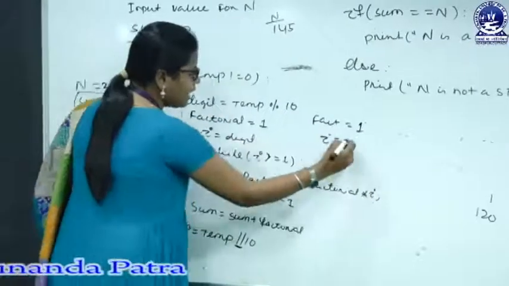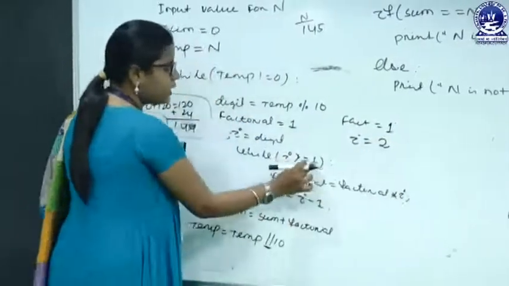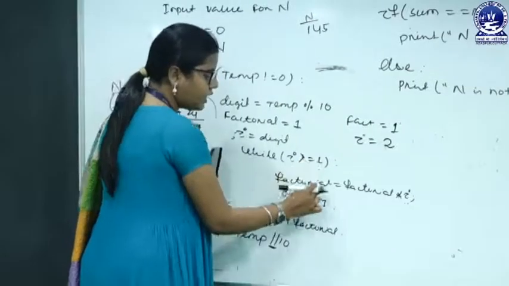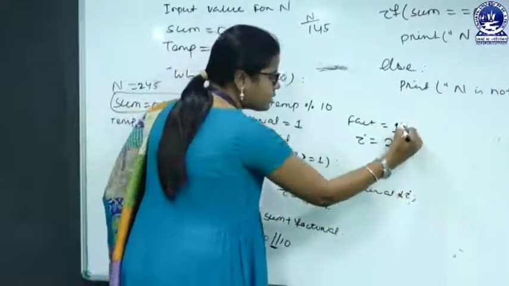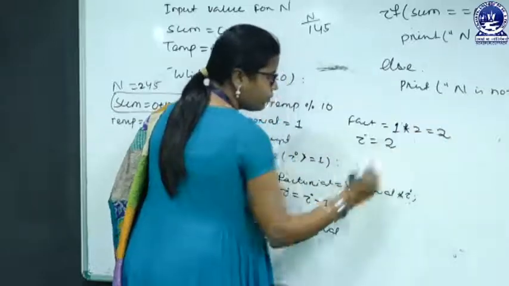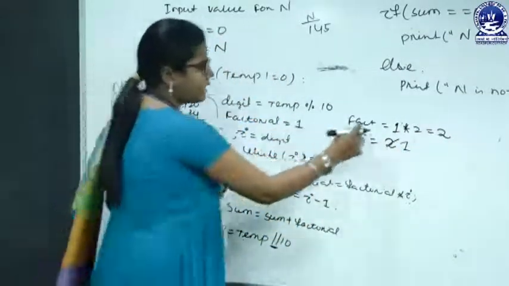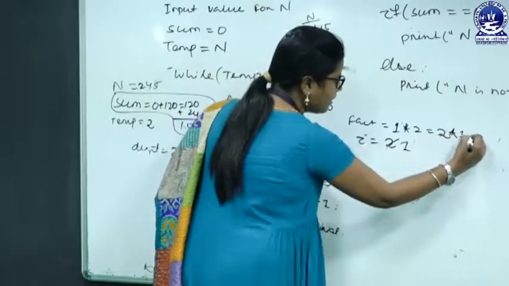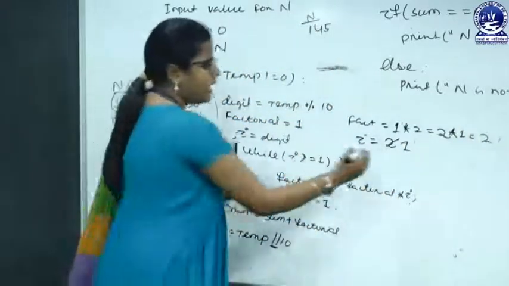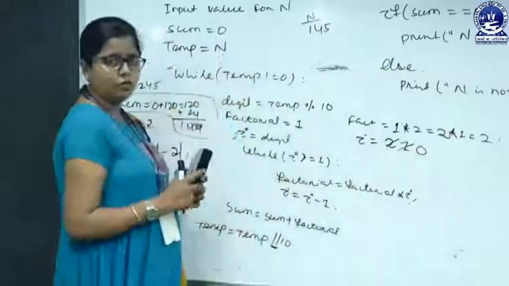I will be what? I will be 2. 2 greater than or equal to 1, true. Factorial equals factorial into I, that is 1 into 2 equals what? 2. I will get modified, that will be 1. Factorial will be 2 into 1, that equals what? 2. I will be modified to 0 and false.